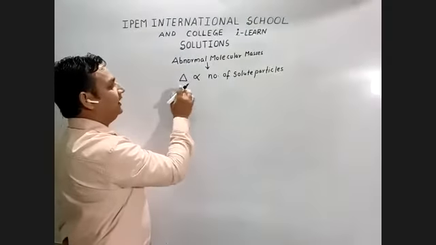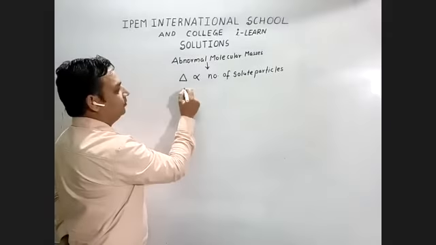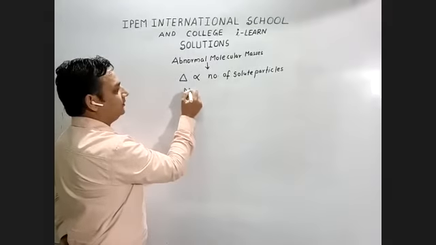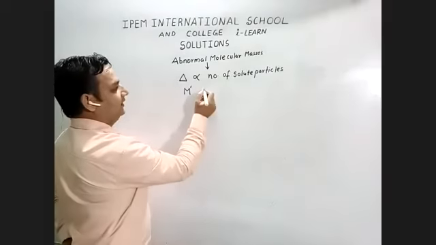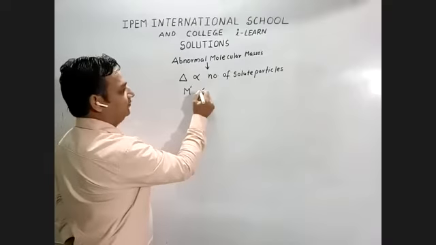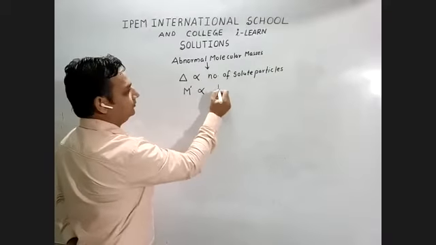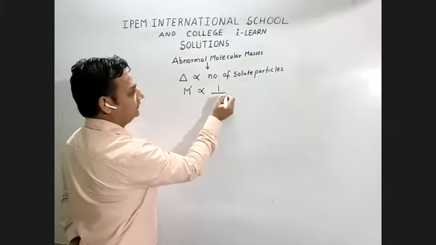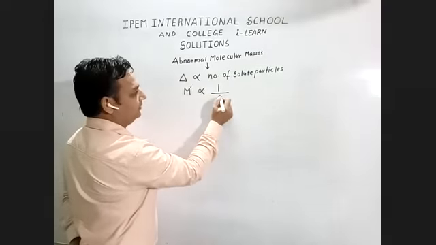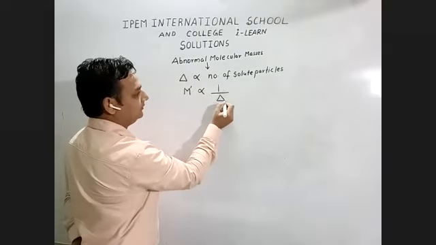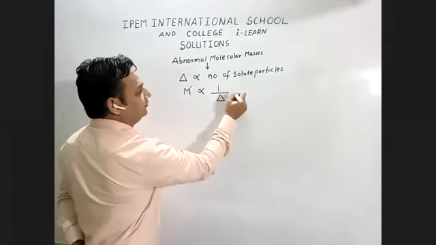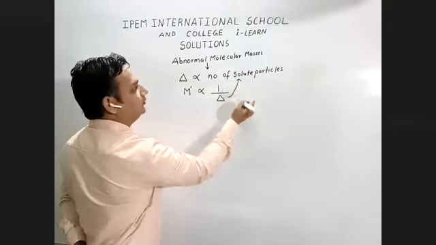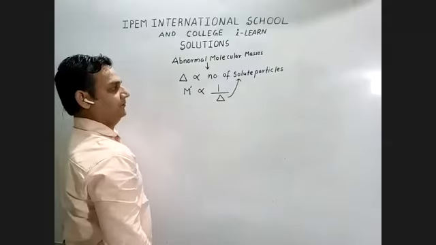And now, when we have the relation with the molecular masses of solute, that is inversely proportional to colligative properties, meaning inversely proportional to the number of solute particles.